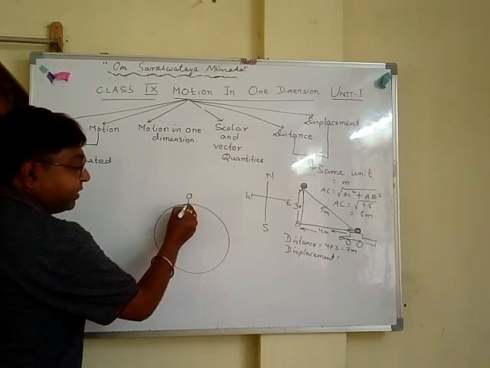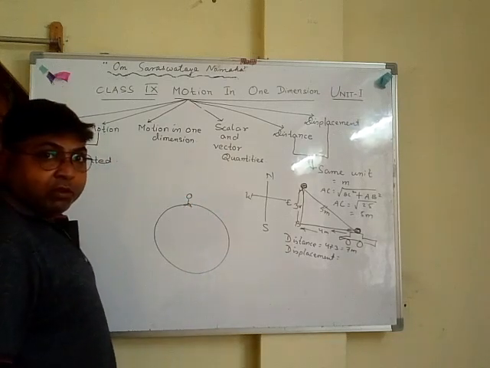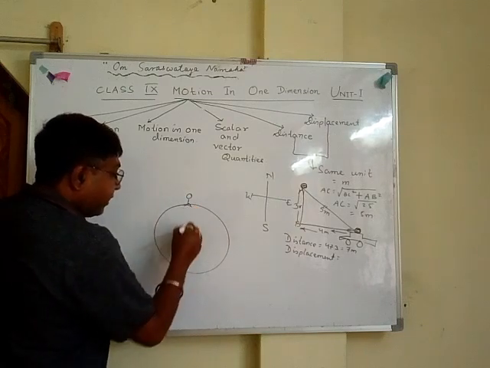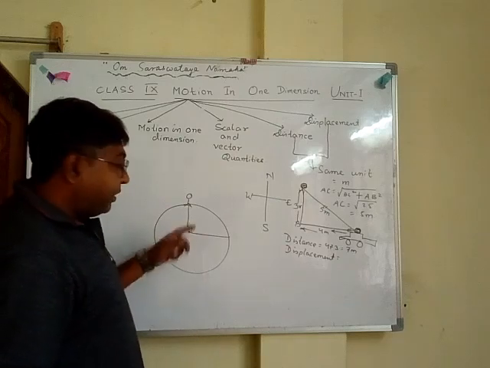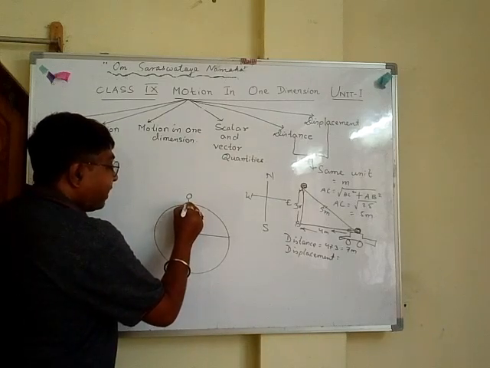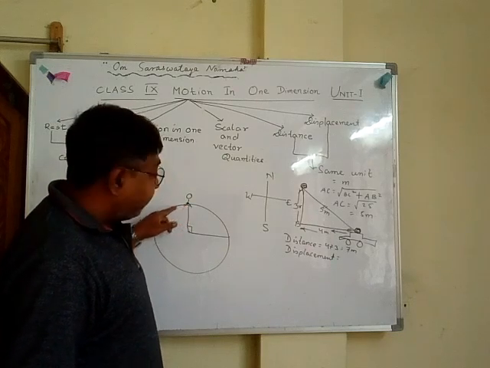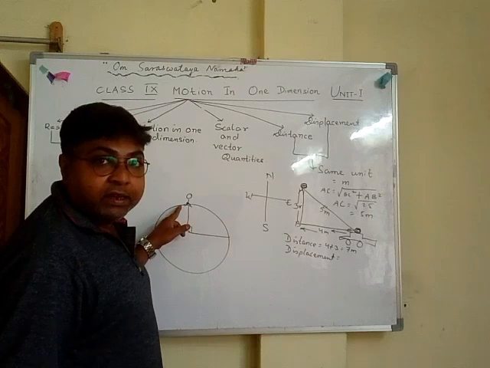He starts from this initial point, finishes at the same initial point. And from the center of this circular track, he makes an angle of 90 degree. What we say is that as the starting point of the athlete and the finishing point of the athlete is same, the displacement of the athlete is zero.